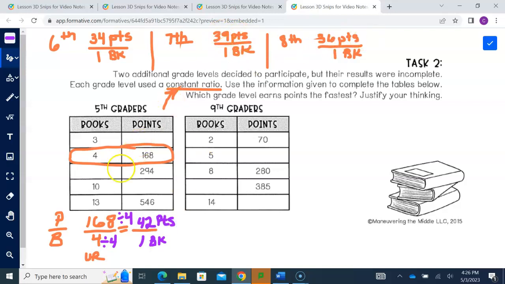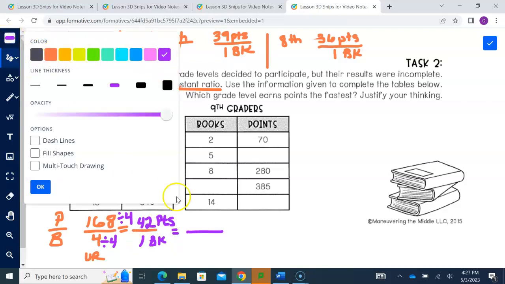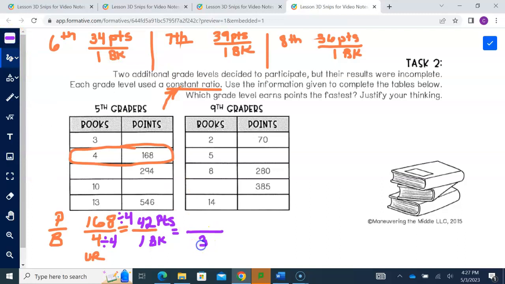They have succeeded there. All right, so we have to figure out what these missing values are right here. In other words, we're going to have to scale some things up. If they earn 42 points for one book, we need to figure out how many points they're going to get for reading 3 books. We have to scale our 1 up to a 3. That means we have to multiply it by 3.